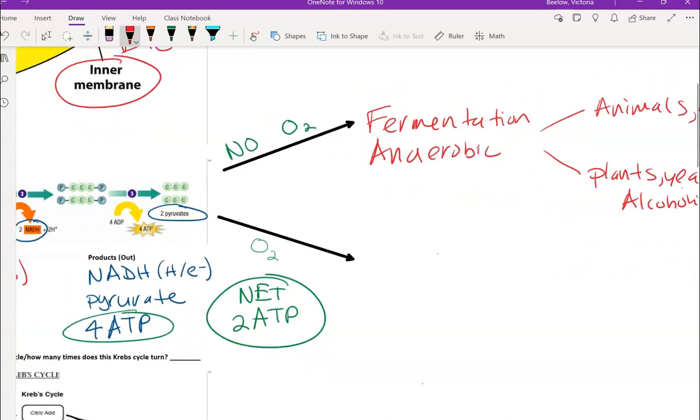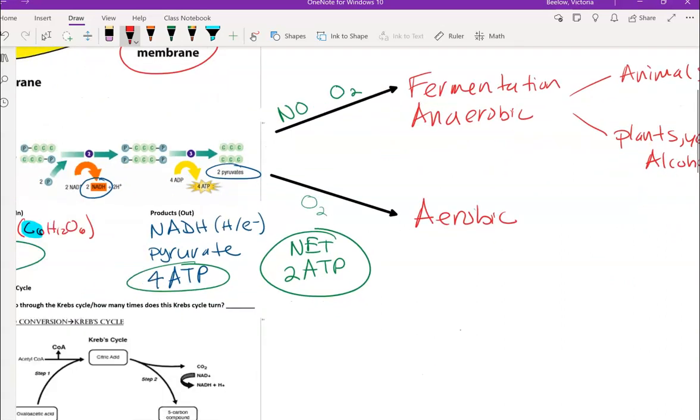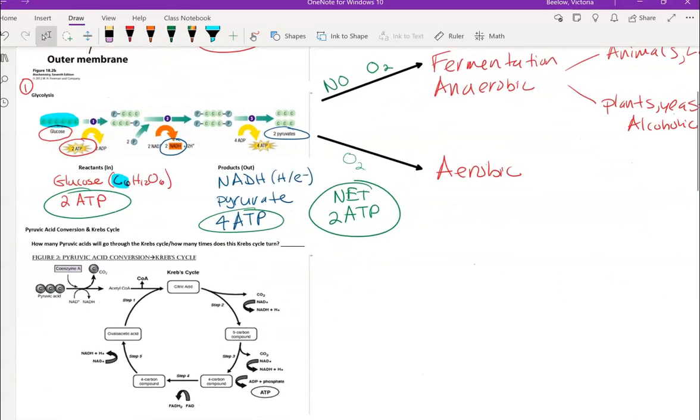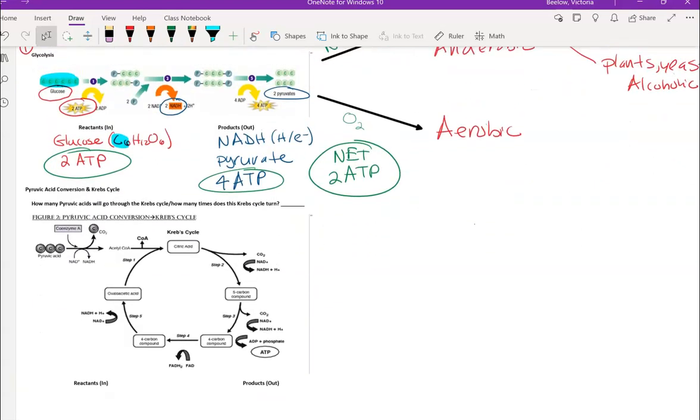Now, if you do have oxygen present, that will be aerobic, and you're going to move on to the next step, which would be pyruvic acid conversion. We're going to draw an arrow to this right here. This is kind of like a baby step.